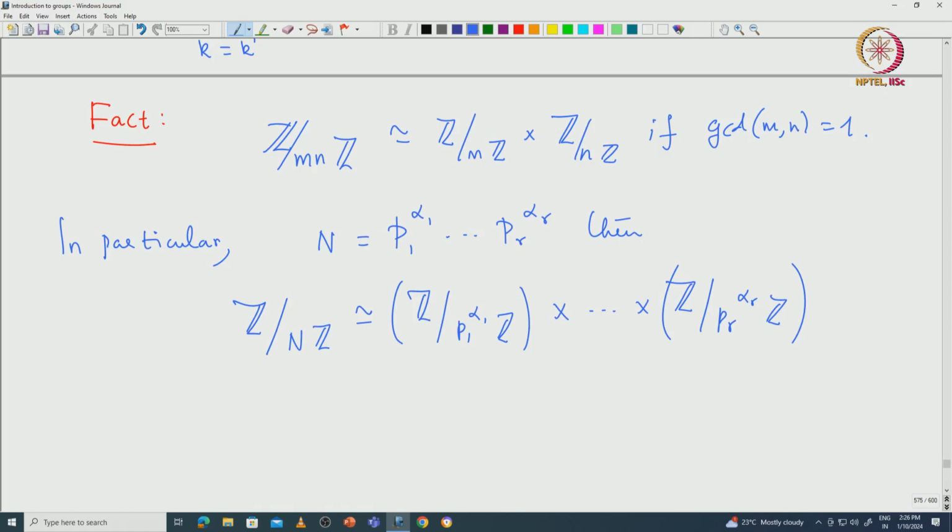When can that happen? It can happen if the orders of the respective cyclic groups are relatively prime. That is what you can prove from these basic facts.